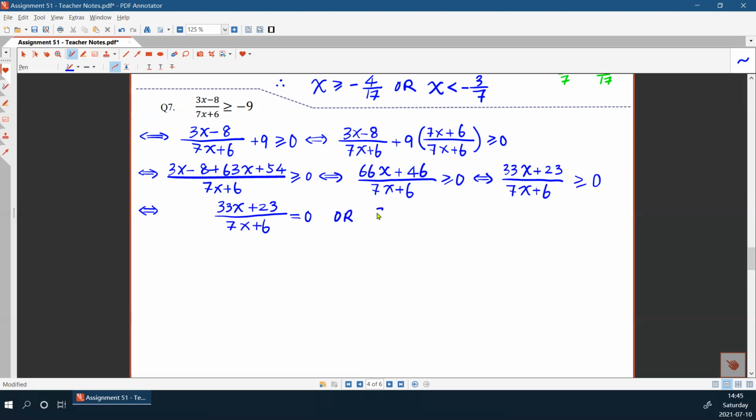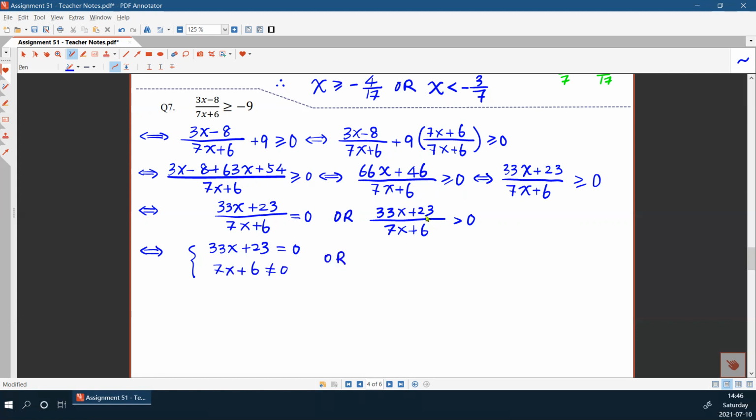Or this ratio can also be greater than 0, right? So we have successfully detached this problem into an equation and an inequality. Okay. For the equation, if you have a ratio that is 0, that means the numerator must be 0. And at the same time, the denominator cannot be 0, right?